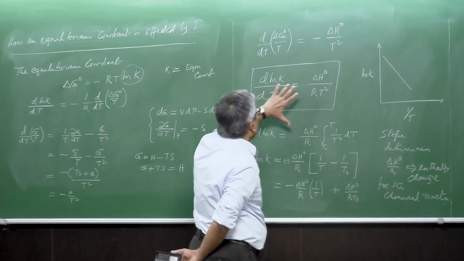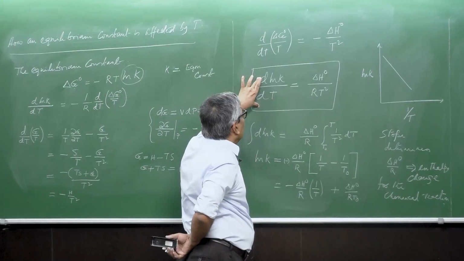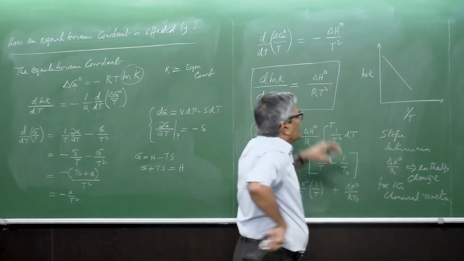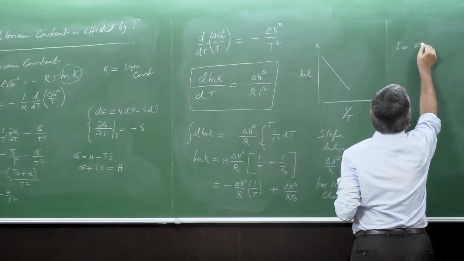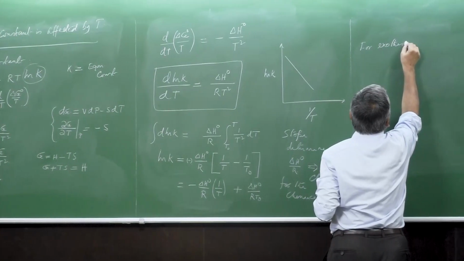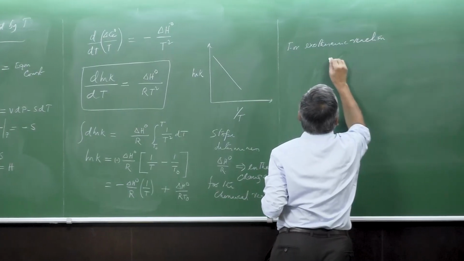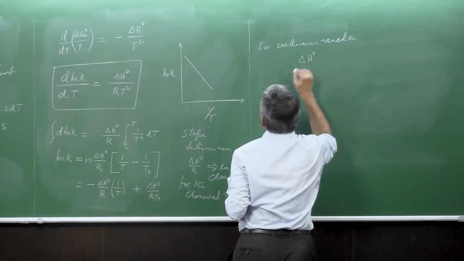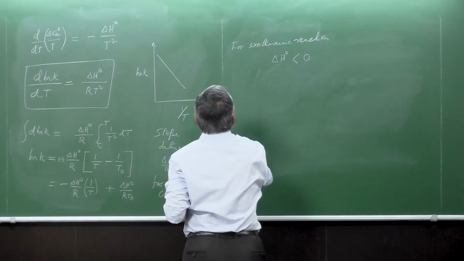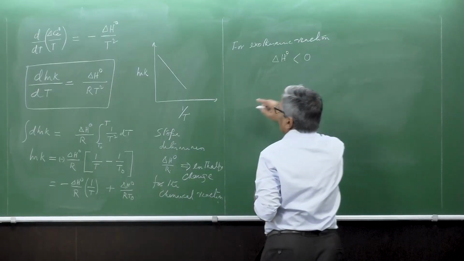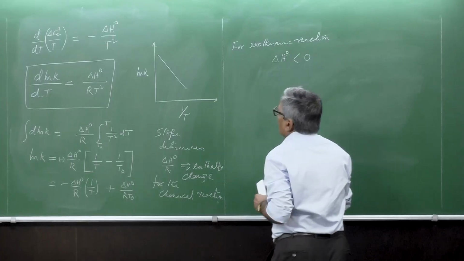Another straightforward thing you can derive from this equation is that delta H is negative for an exothermic reaction, where the heat change is less than 0. So the equilibrium constant is decreased with increase of temperature.